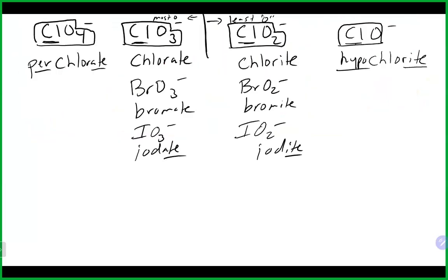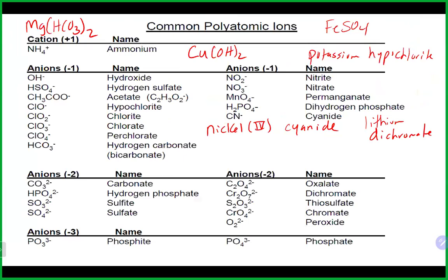There's a few of them on those tables there. Dihydrogen phosphate. So there are a few that actually do have prefixes in their name. And again, that would be the only time you would ever see a prefix and a metal together. And again, it's just the name of the actual polyatomic ion.